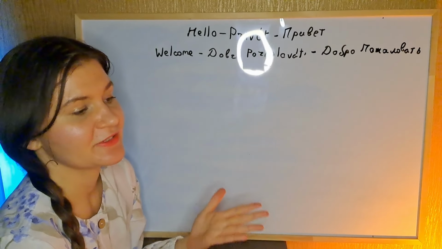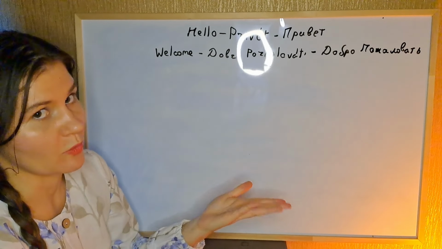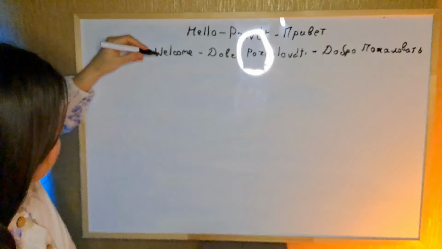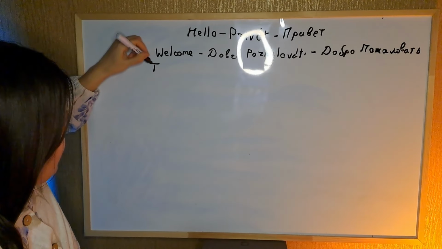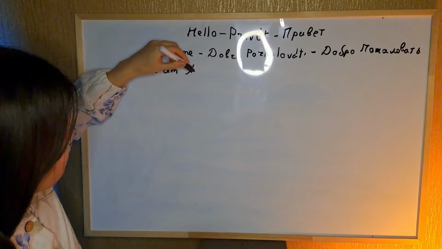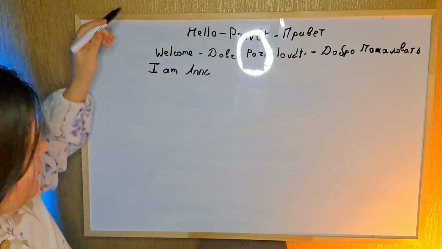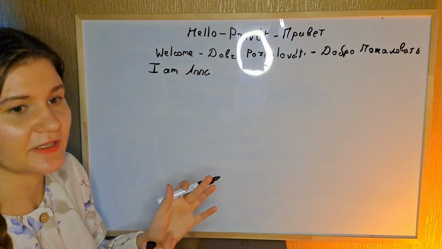Okay, how to say, for example, I am someone. For example, I am Anna. In Russian, first of all, we don't have these parts like am, is, are.